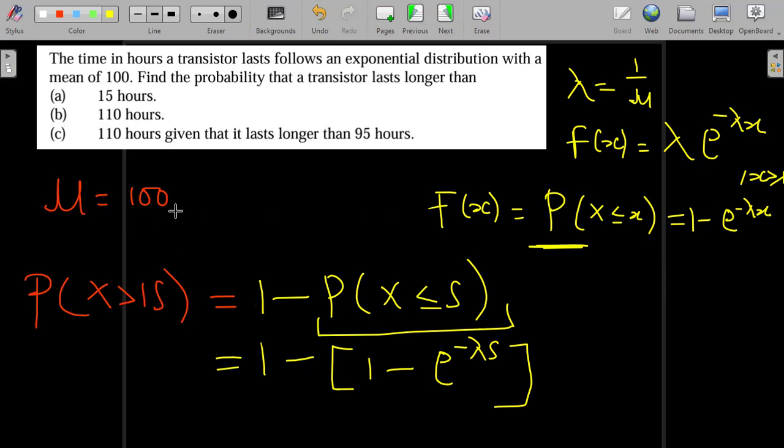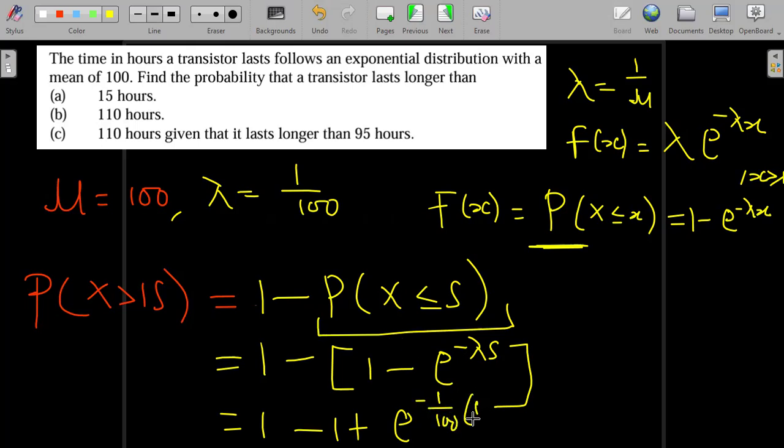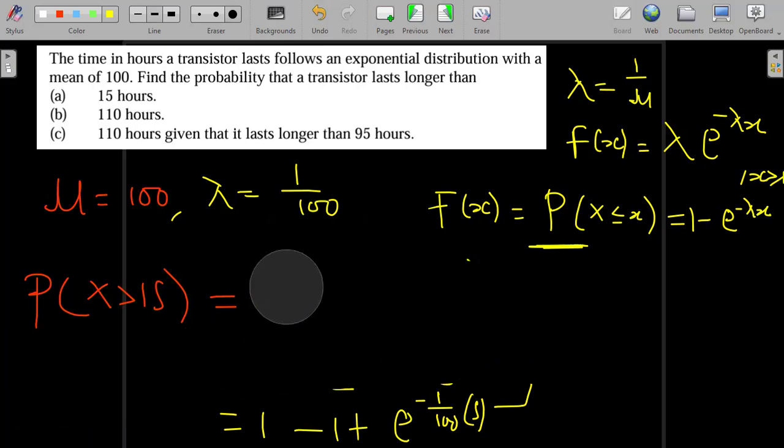Remember, our mean is 100, so lambda is equal to 1 over 100. So here we have 1 minus 1 plus e to the power minus 1 over 100, then multiplied by the value of x. That will be the probability that x is greater than 15 hours.